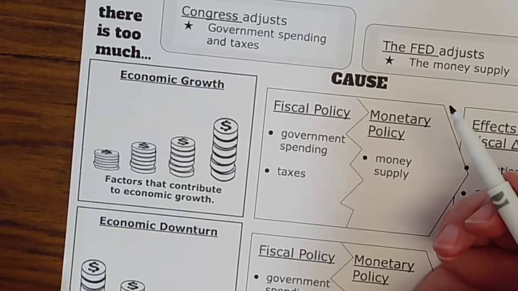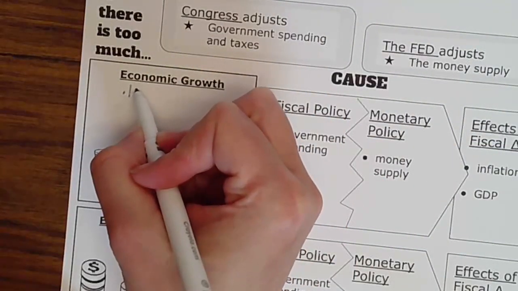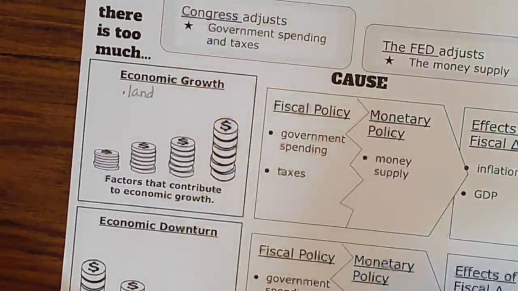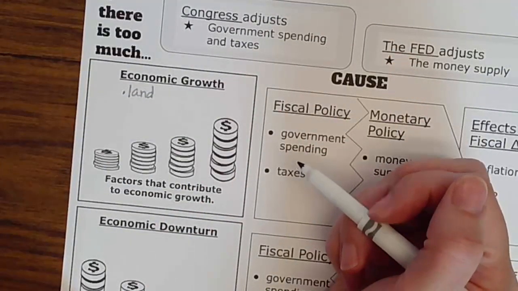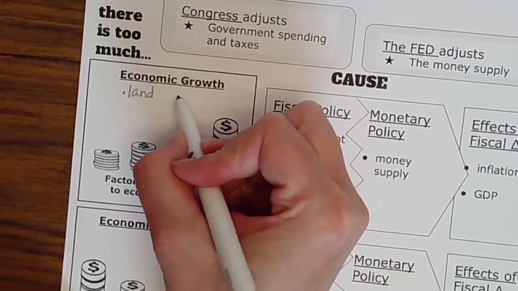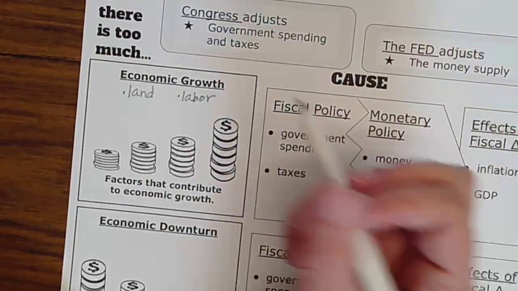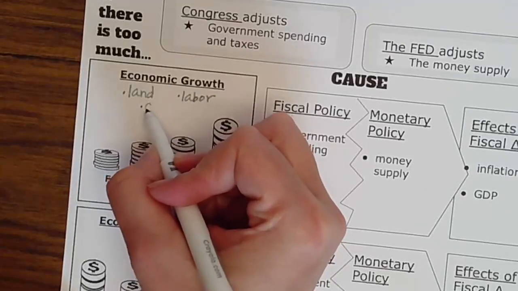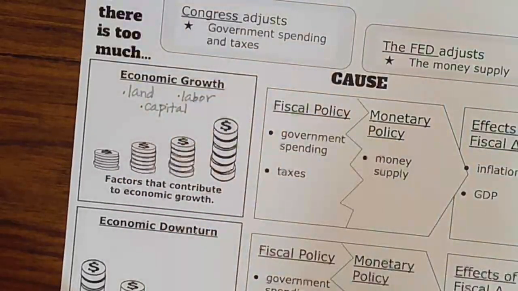So some of the things that give us economic growth. Countries that have land that can be used to produce things are going to have some way of having some economic growth. They also need labor. So you have to have a labor force. And besides that, you generally need to have some capital, something of value. Doesn't have to be money, but it could be.